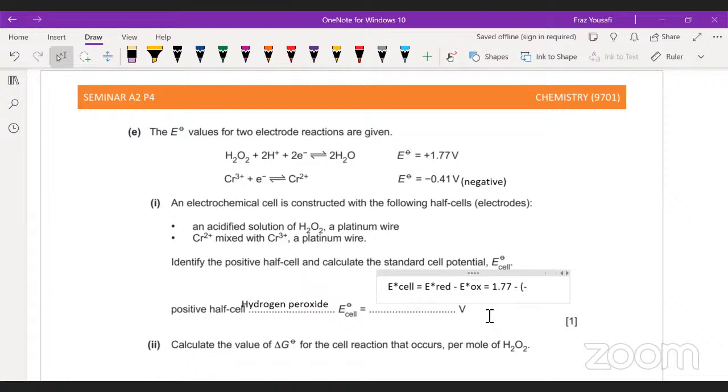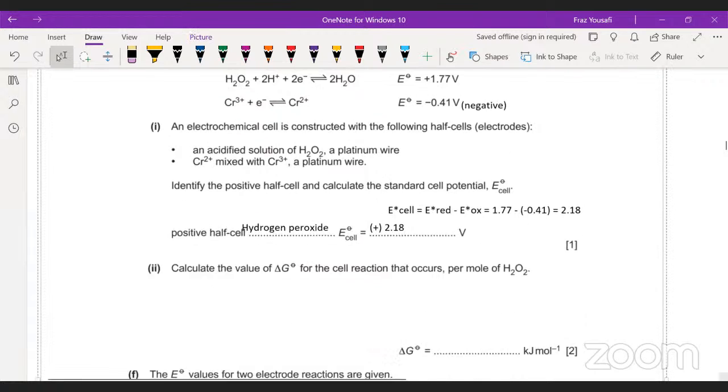So we're looking at this, and you should get an E naught value of plus 2.18. That is how we would solve this out.